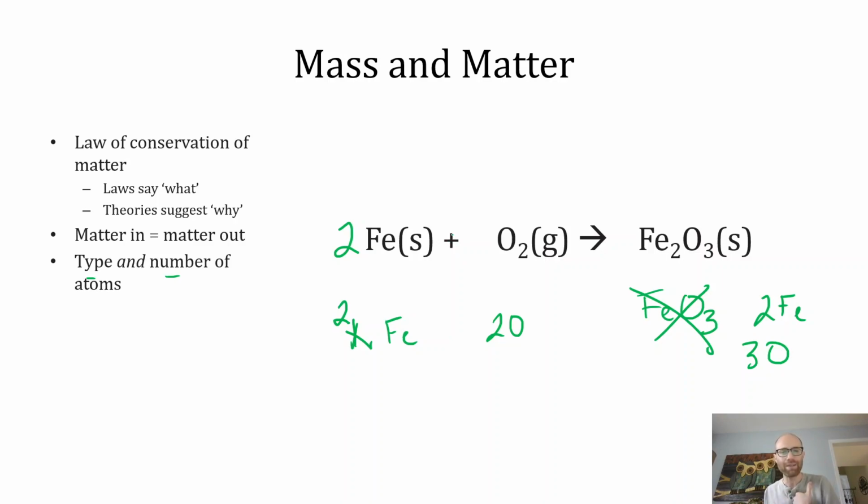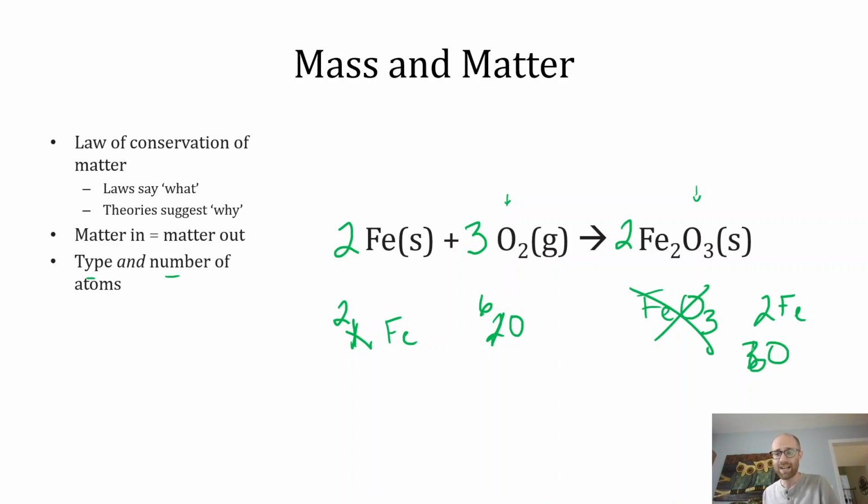It feels to me like the best way to address this would be 6, right? If there's 2 of these and 3 of these, that would be 6 oxygens. Let me put a 3 there, and that would be 6. And I guess I'd have to put a 2 out here, right? Because I can't put a coefficient in the middle of a chemical. The coefficient, like I said, applies to the whole chemical.